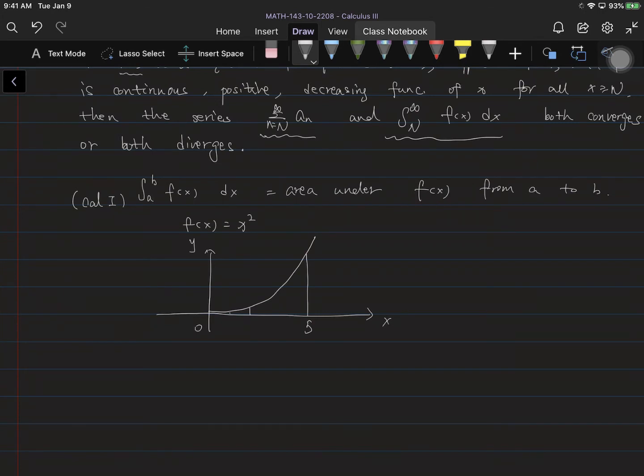So when we just introduced the definition for integral, we said we want to estimate the area under the function. So we divide the interval 0 to 5 into 5 pieces, n equals 5: 1, 2, 3, 4, 5. And then we can estimate the area by the sum of those rectangles, right?